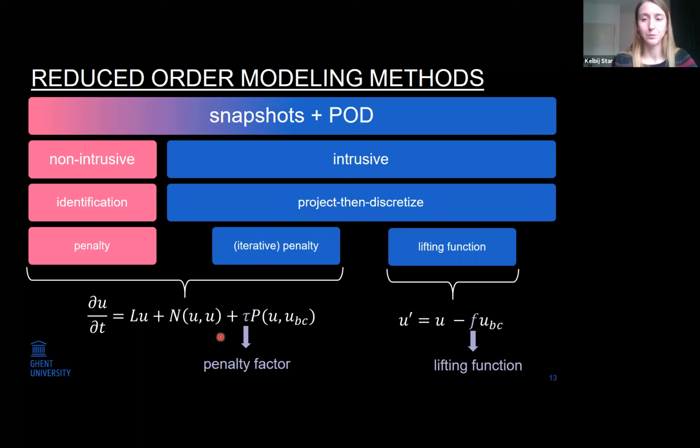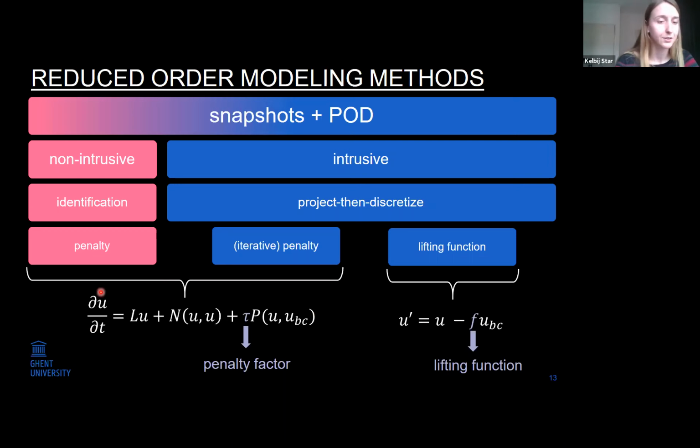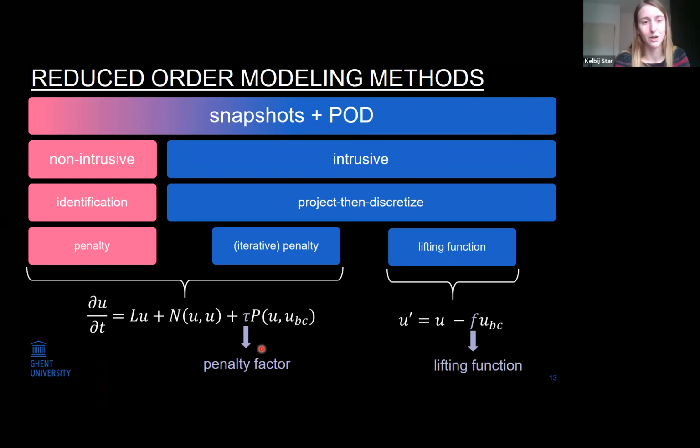If you look a bit at the penalty factor, like I said, it's basically a way to impose the boundary condition using a penalty factor. If this is my partial differential equation, we have a time-dependent term, a linear term, a non-linear term, and then I add an additional term, which is the penalty term. U_BC is my value at the boundary that I want to impose, and then I have to set a penalty factor. If you had a penalty factor of 0, I wouldn't impose anything.